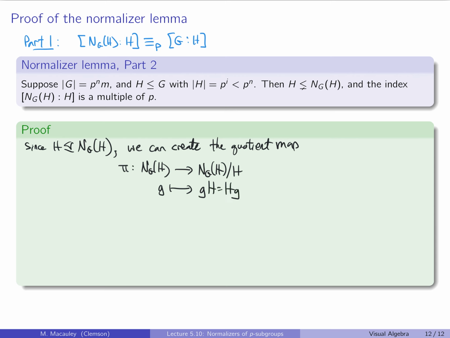So remember that anytime we have N a normal subgroup of G, we can always define the canonical quotient that just takes an element and sends it to the coset containing it. Okay, so the size of this group is just the number of cosets. So this is a group of order, the index of H in the normalizer. Again, this is a group consisting of this many cosets.